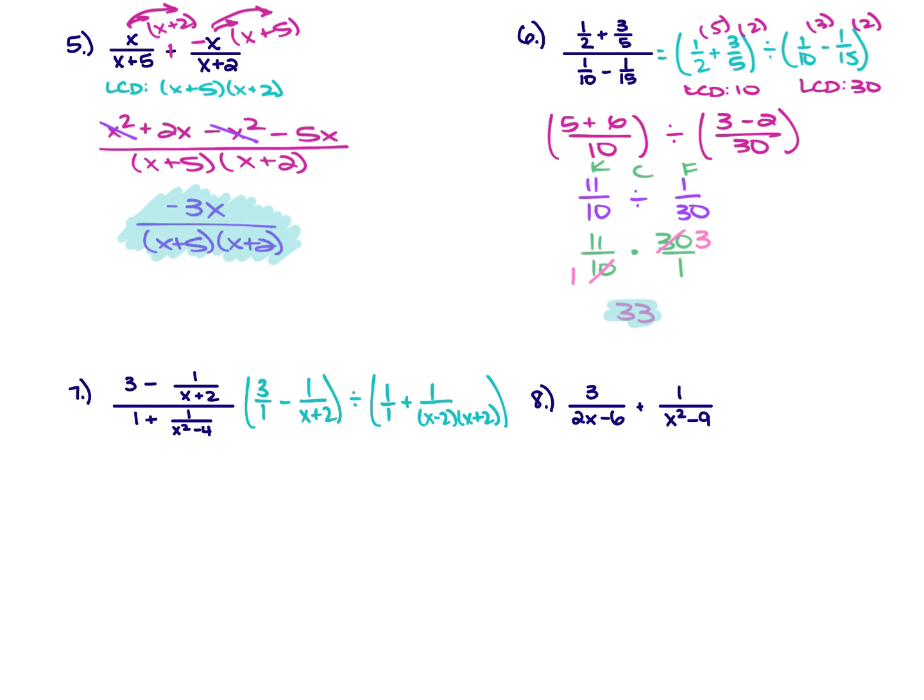So from our first set of parentheses, our least common denominator is the x plus 2. So we can multiply the 3 by x plus 2. We distribute the 3 in, and that gives us 3x plus 6 minus 1 all over x plus 2.